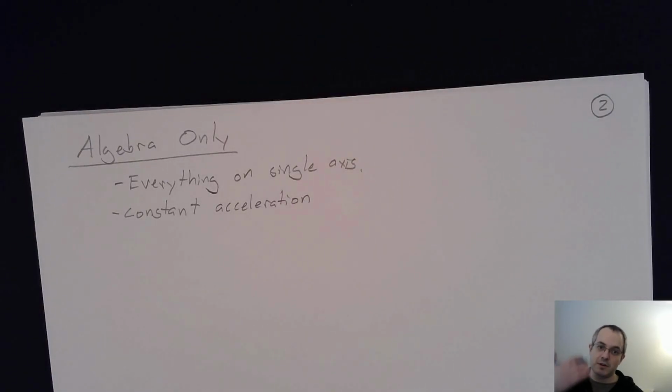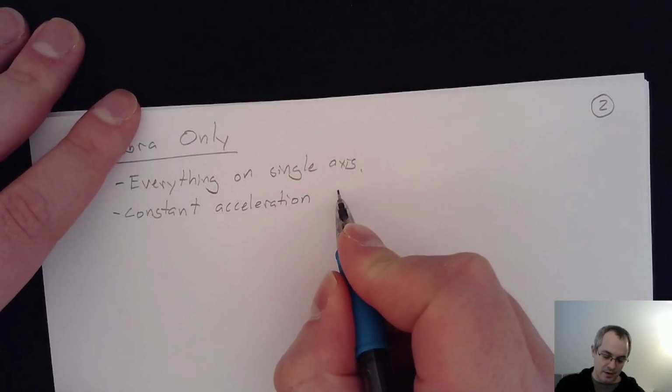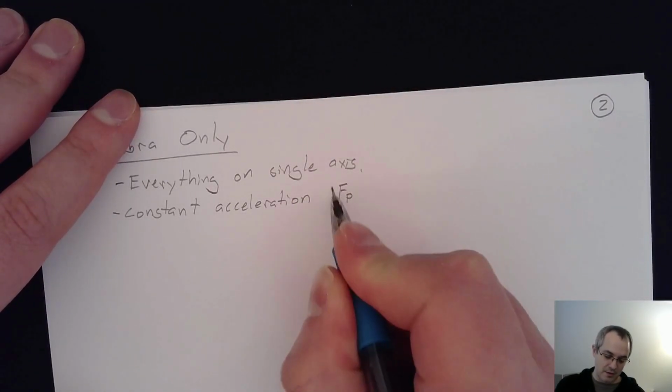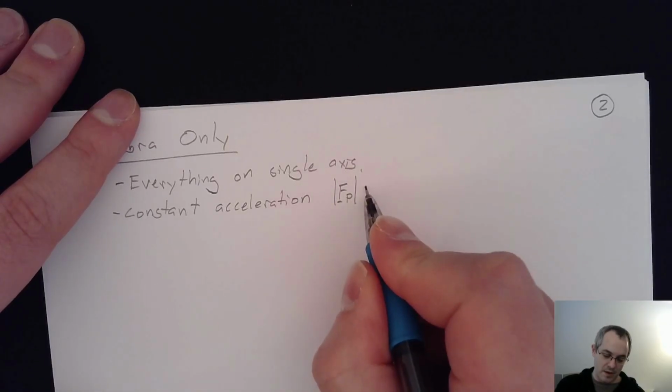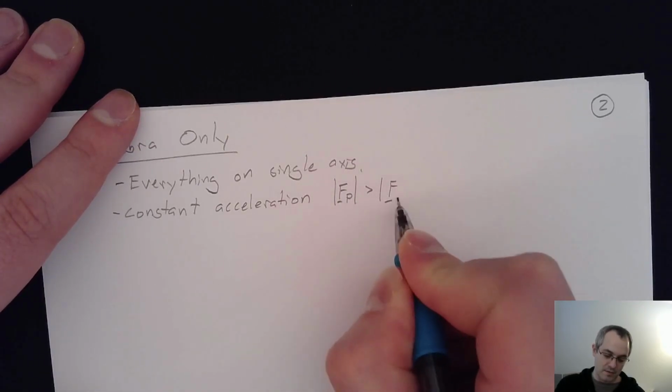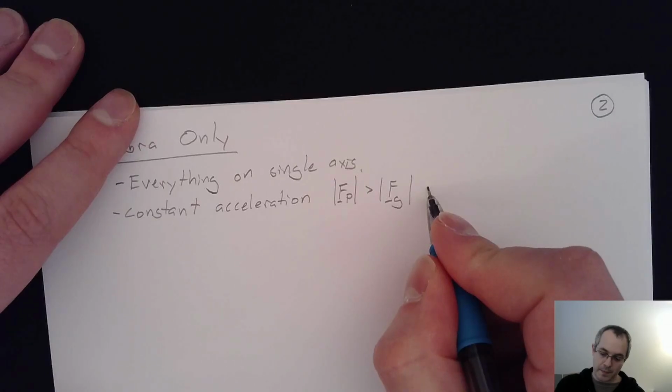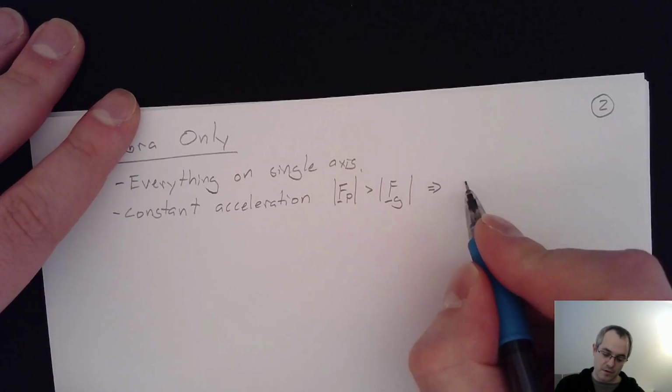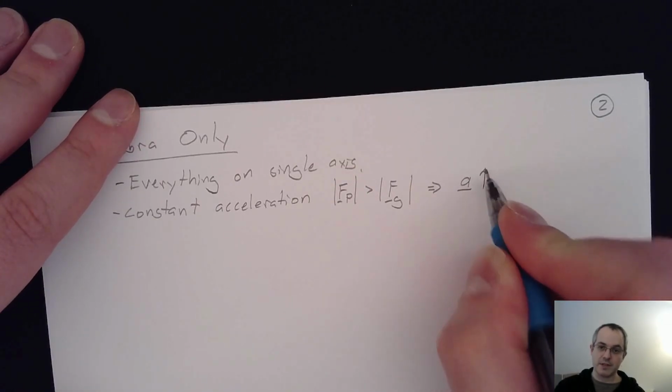That means the acceleration is going to be up as well. So we're going to assume that the magnitude of Fp is greater than the magnitude of Fg, and therefore our acceleration vector points upward.